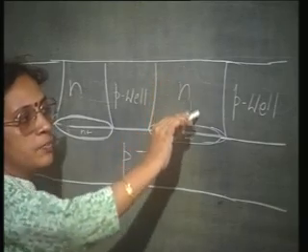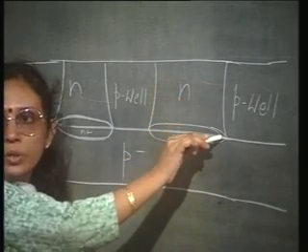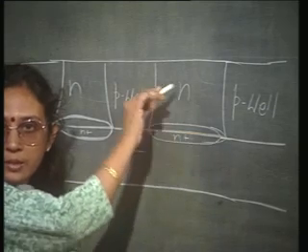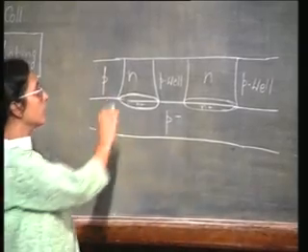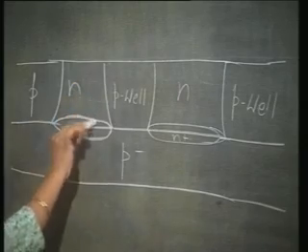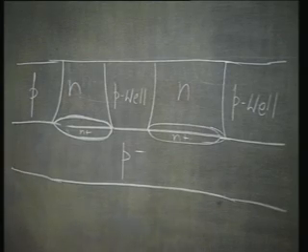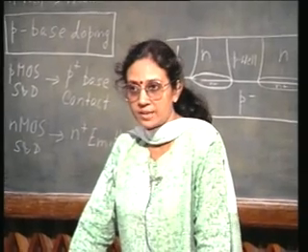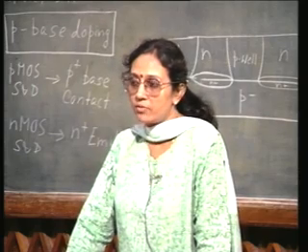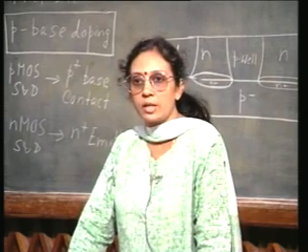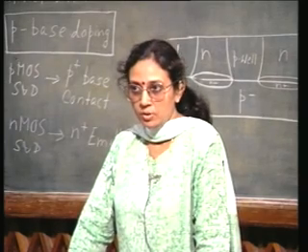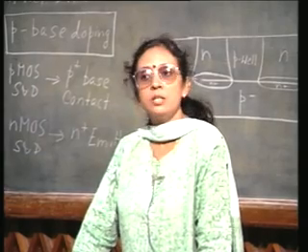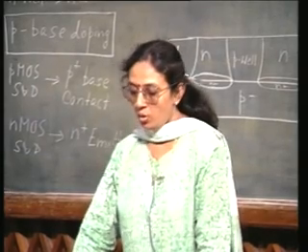If you have a deep collector doping going all the way down to the buried layer, then your collector resistance will be much reduced, and also if you have a deep N plus region here, this will cut down the shunt resistance to a large extent. That will be a substrate contact for the PMOS device. Okay. So, the substrate contact for the PMOS device and the collector contact of the NPN transistor can be one and the same step, okay, and that will further reduce the resistances.